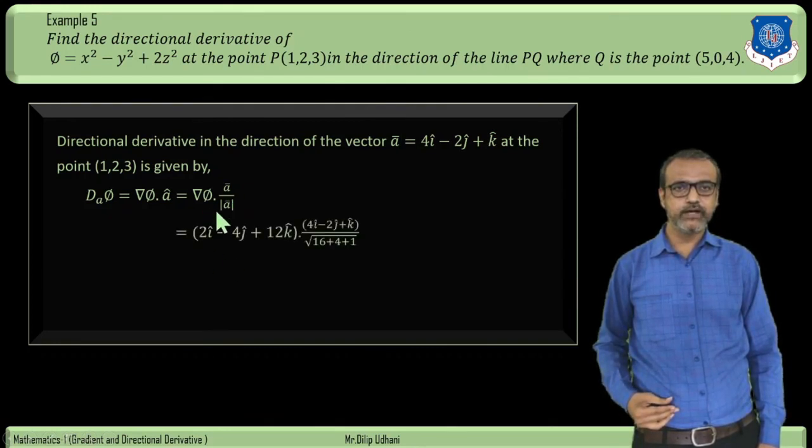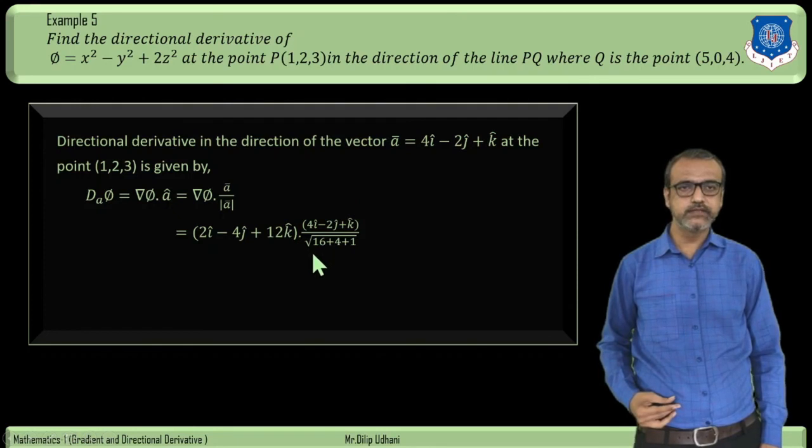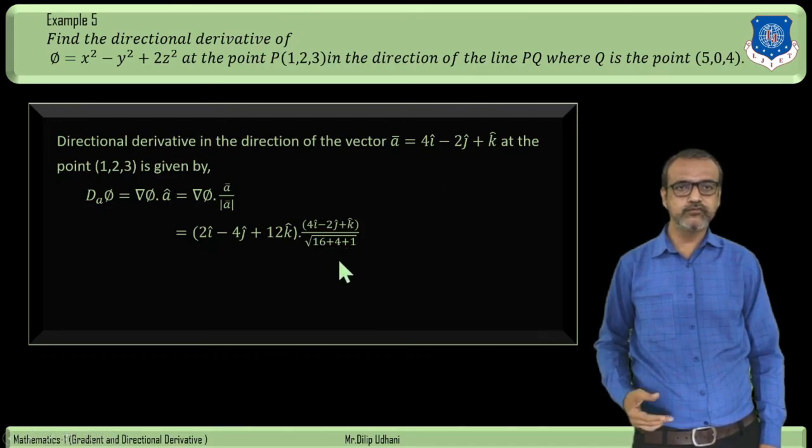So nabla phi is 2i minus 4j plus 12k, and a bar is 4i minus 2j plus k cap divided by its modulus, that is square root of its x component square, that is 4 square, that is 16, plus y component square, that is minus 2 square, that is 4, plus z component is 1 and its square is 1.